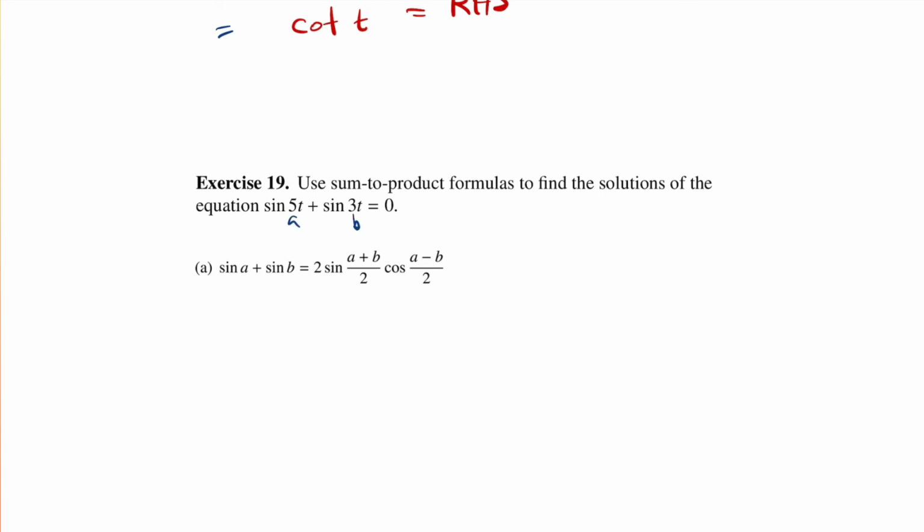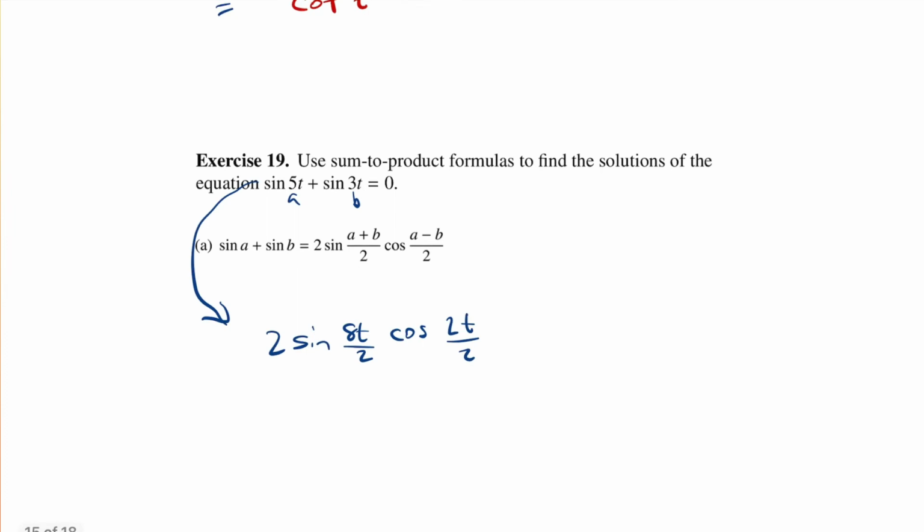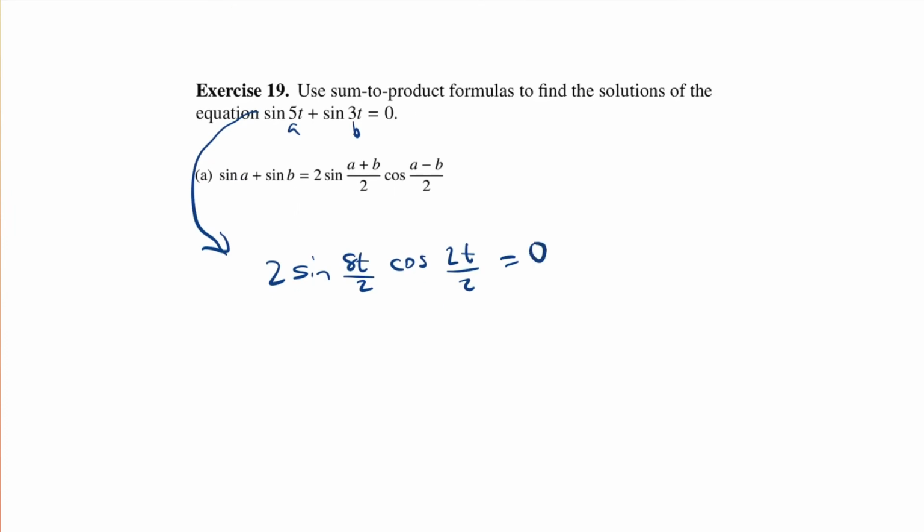If we apply this formula, then we're going to get 2 sine of the sum, which is 8t, and cosine of the difference, which is 2t, equals 0. And now that becomes 2 sine of 4t, cosine of t equals 0.